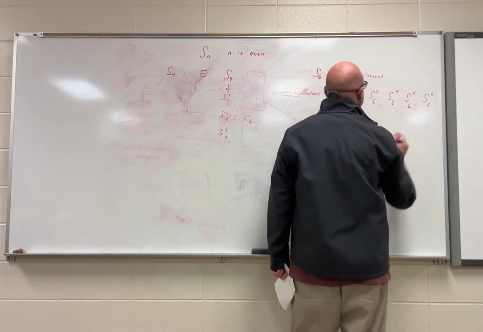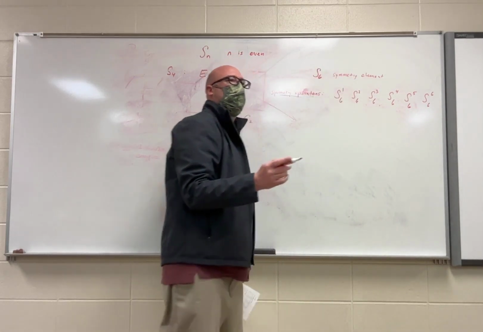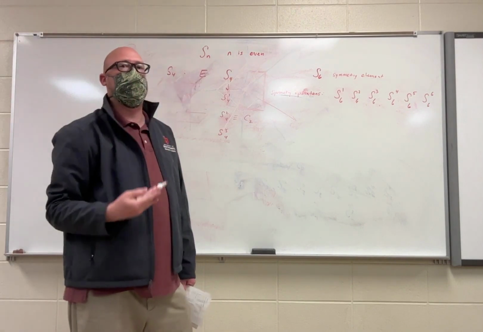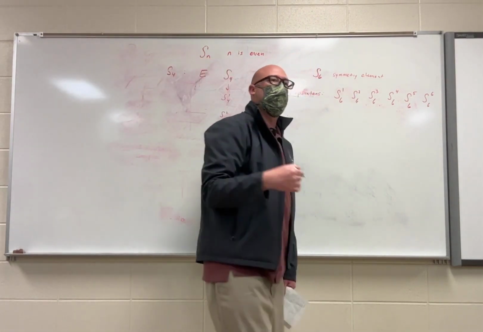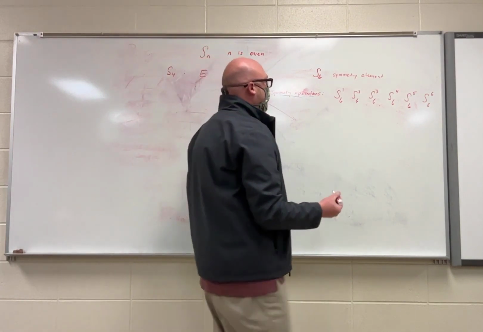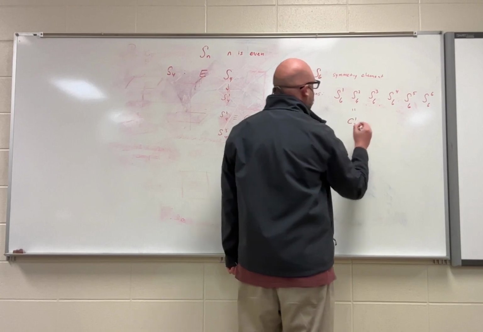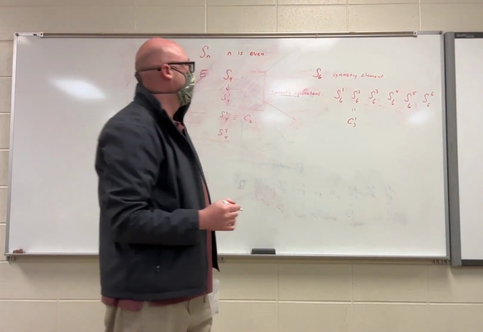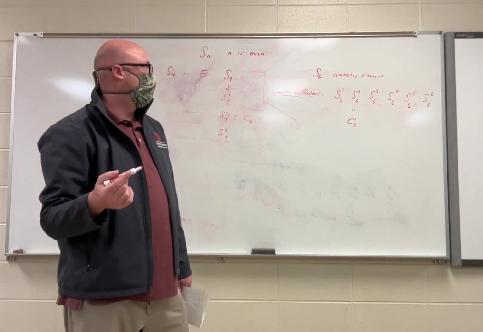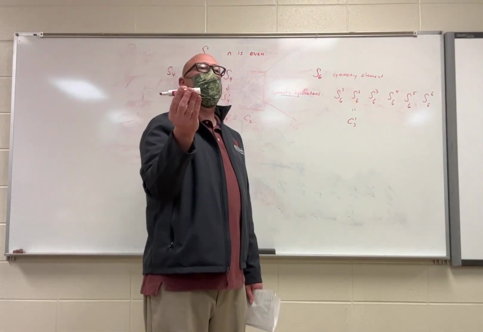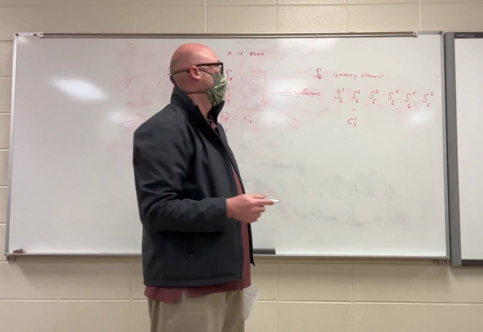Right? So S6^1 is a unique operation, rotate 60 degrees, reflect about the plane perpendicular to the axis. And S6^2, the two reflections cancel, so this is equivalent to a C3^1, right? And S6^3, you have three reflections now. So I've rotated 180 degrees and reflected about the plane perpendicular. What is that?